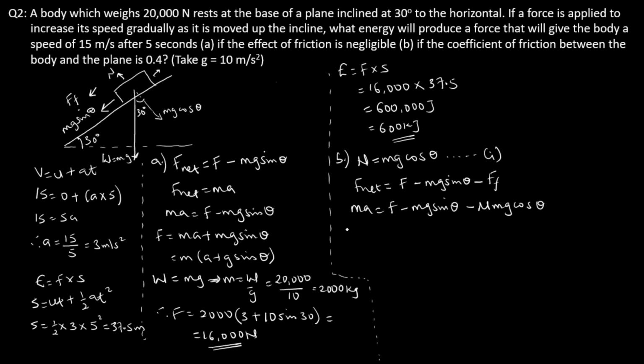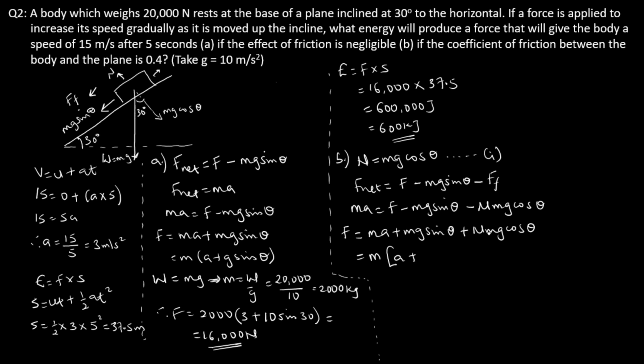If we make F, the force applied, the subject of the formula, we would have ma plus mg sine theta plus mu mg cos theta. Don't forget that mu here stands for the coefficient of friction. So we can factorize our m and our g to have something like this, m into a plus.